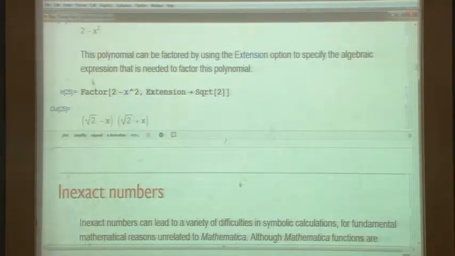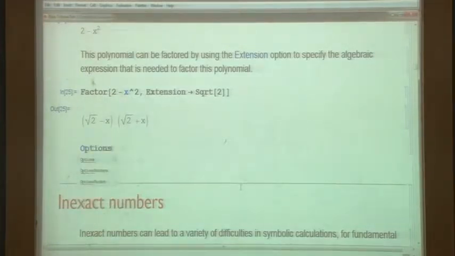So the point here is that, look, sometimes you try to use a command in Mathematica and the command does not work as expected. What happens is you may need to look at the options and try to change the option by default. If you guys remember, I showed you yesterday a command to find the options, right? Do you guys remember the command? So here, the command was Options, right? Options factor.